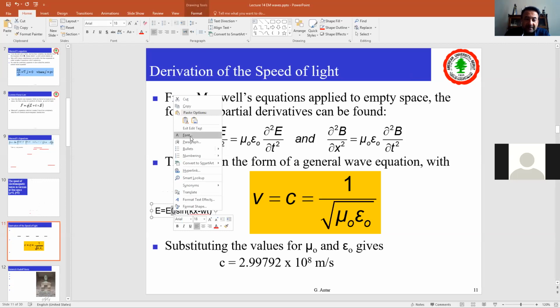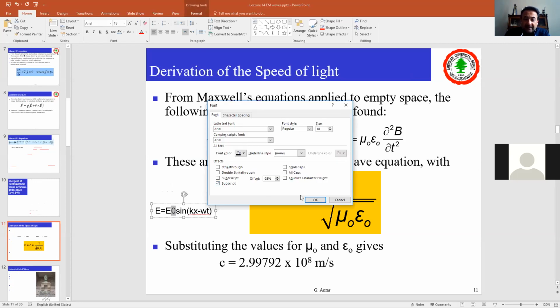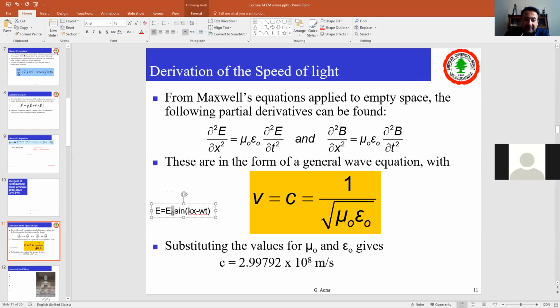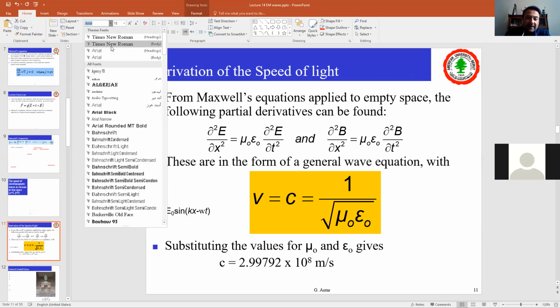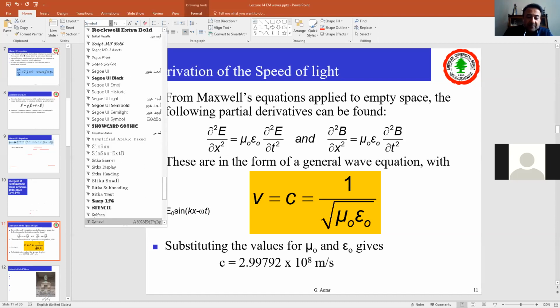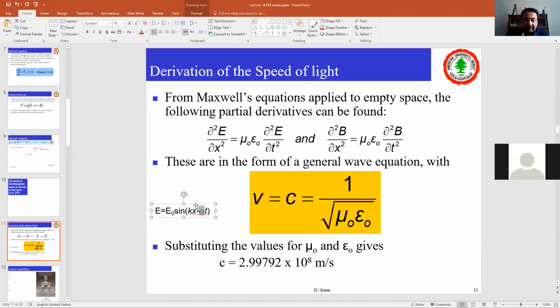We'll come back to that in a few seconds. But for the moment, I just want to make sure that we have at least the form of where this speed of light comes from. And the same thing for B, because B has the exact same form.